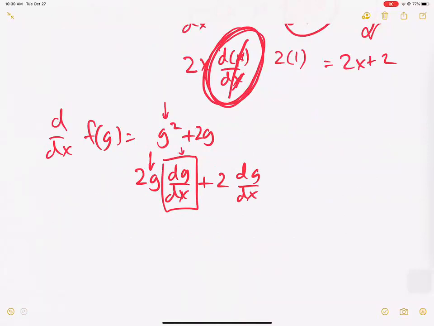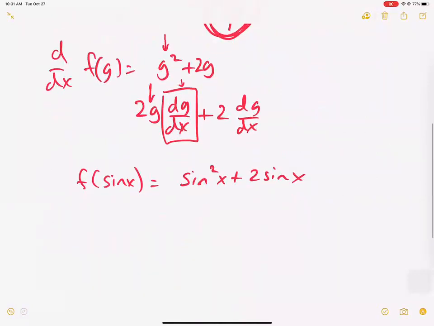Now, if I plug in a problem, say f of x is f of sine instead, okay, because x became sine. So power rule gives 2 sine x. Now, then we take the derivative of sine.